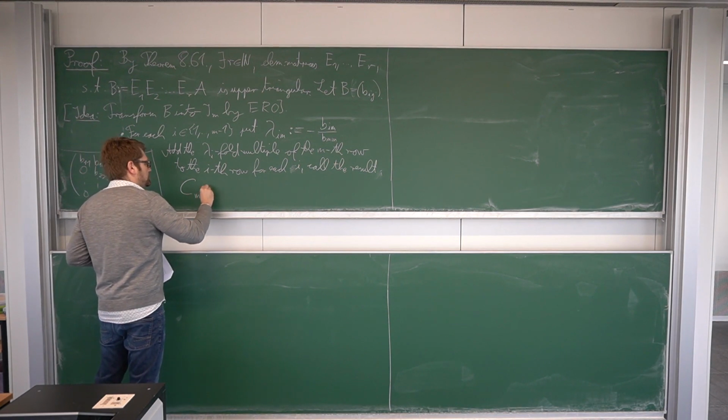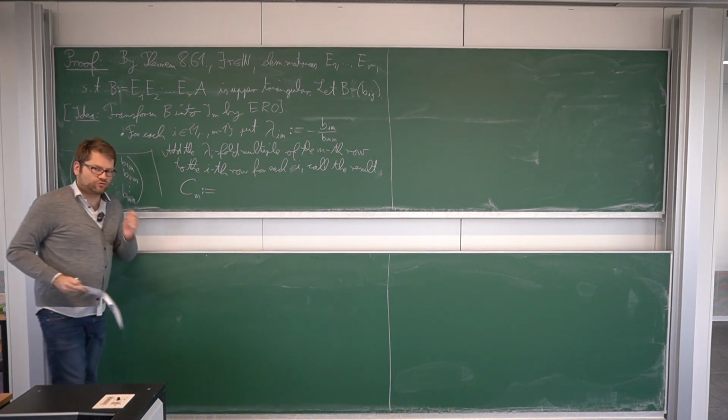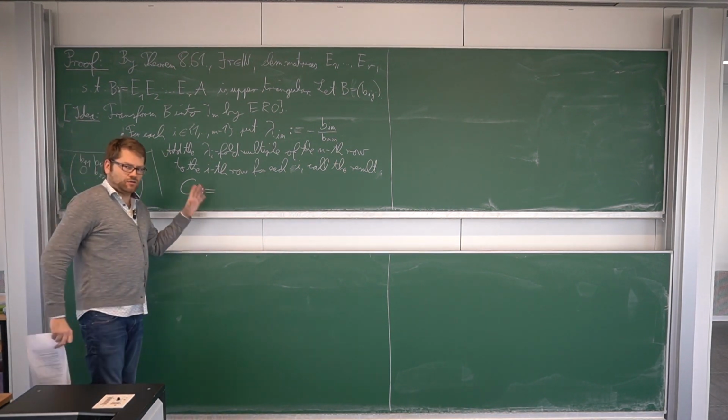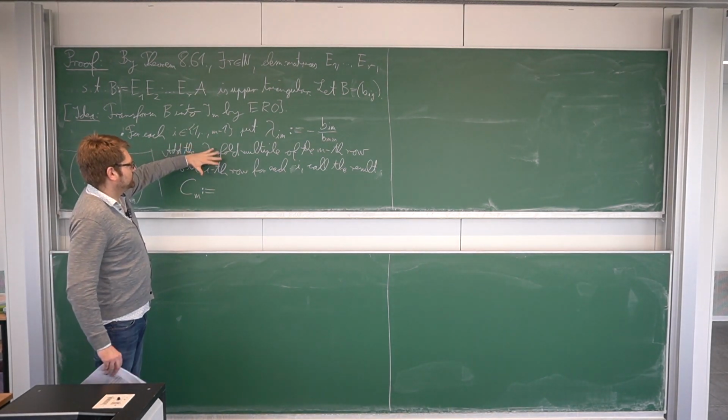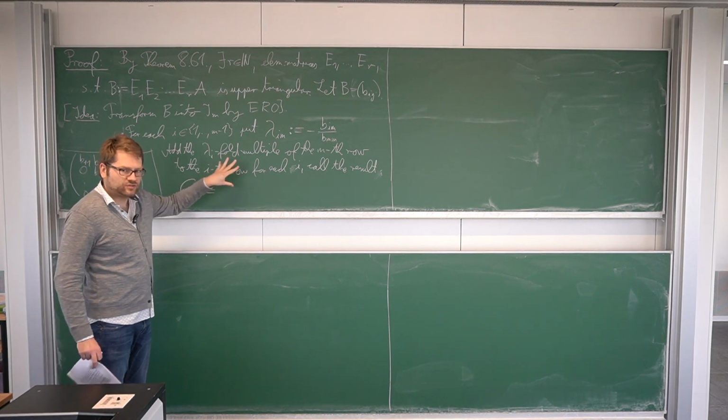Now, as these are all elementary row operations, this is again obtained by products of elementary matrices. Each of these steps is obtained by just multiplying with some particular elementary matrix.